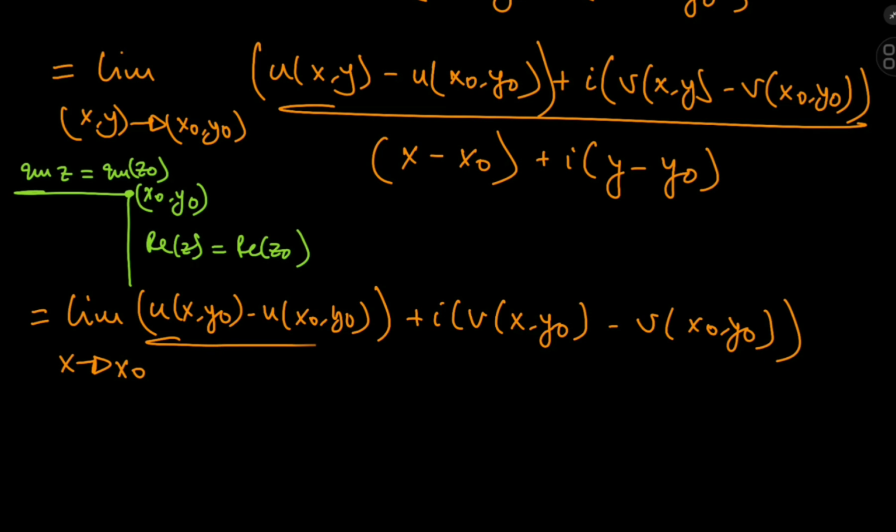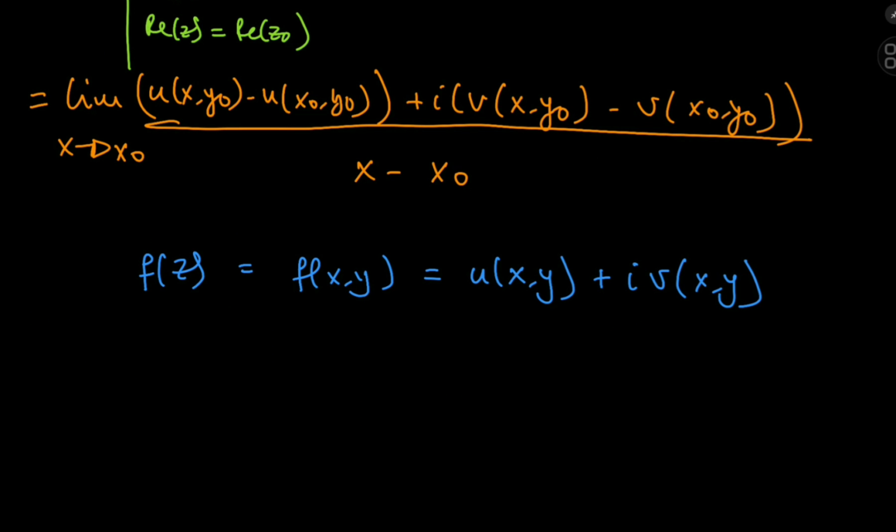And this is all supposed to be divided by y minus y naught, which is now 0, so we're left with x minus x naught. Okay, cool. This limit that we have in orange is the derivative of f at z naught.